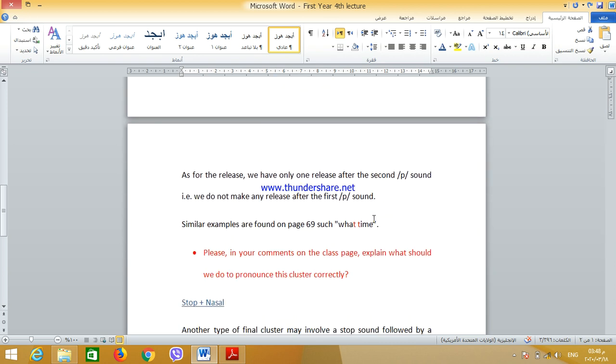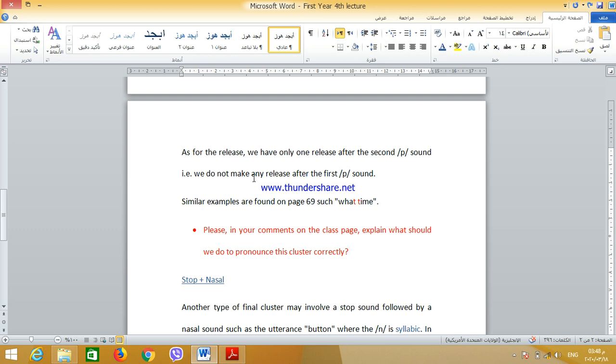As for the release, we have only one release after the sound p. That's to say, we don't make any release after the first p sound. So we do not say slip past. No, we keep our lips together and say slip past, slip past. You can notice that the closure we make here is one closure, but it is longer than usual.